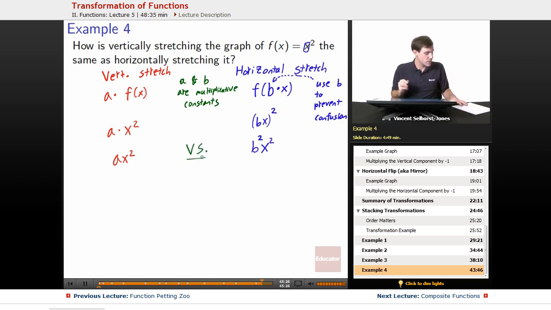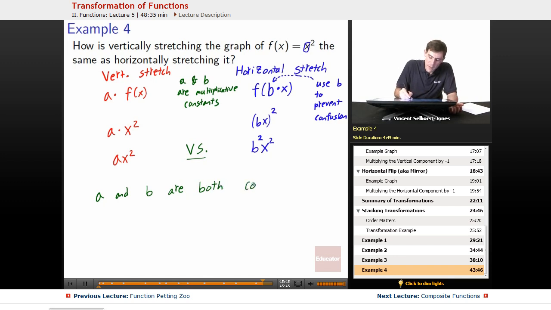So how is it that they're the same? Well, how is it that they're similar? What is the connection between them? Well, think about this. A is just a constant, and b is just a constant. So a and b are both constants. But if b is a constant, then that means that b squared is also just a constant, right? If b is 4, then b squared is just 16. So it will be a larger constant than b, but it's still just a constant. It's not allowed to vary around.